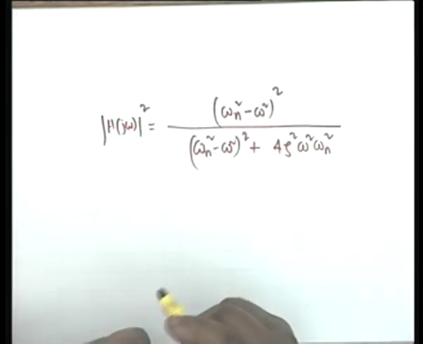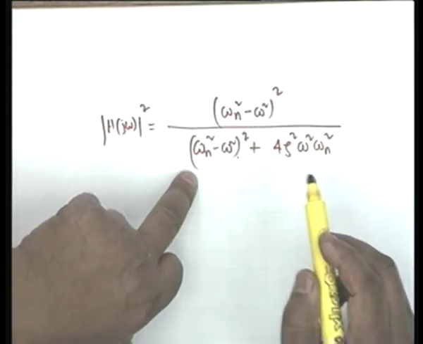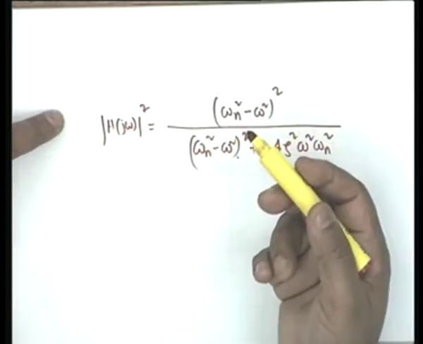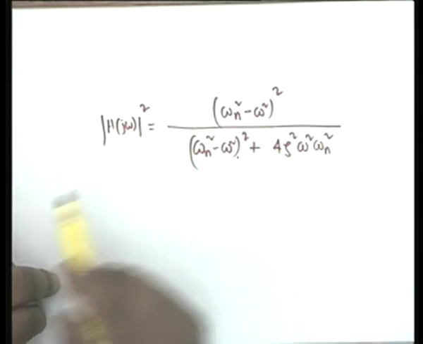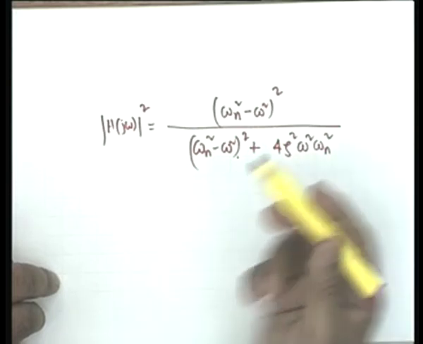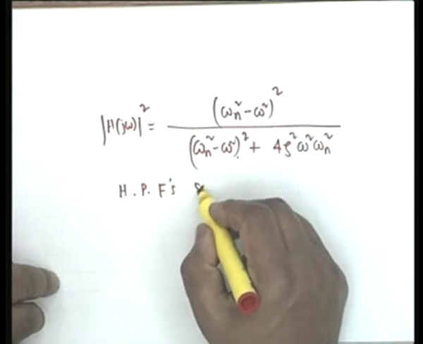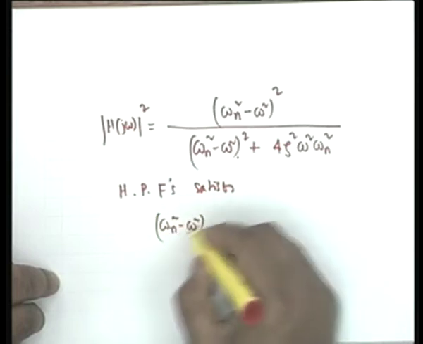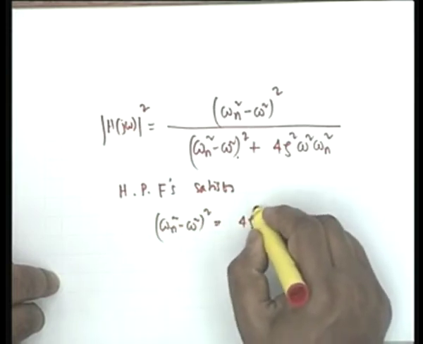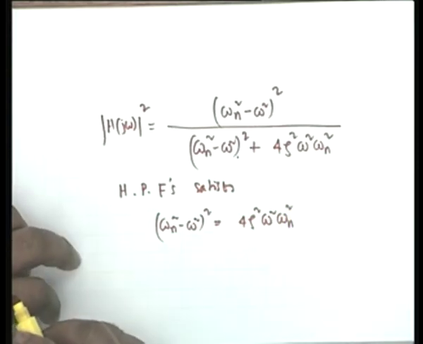Now, obviously, half power frequencies will be reached when this term is equal to this term. You don't have to write this as half and then simplify. When in the denominator both terms are equal, obviously the magnitude squared would be equal to half, and therefore half power frequencies satisfy (omega n squared minus omega squared) whole squared equal to 4 zeta squared omega squared omega n squared.